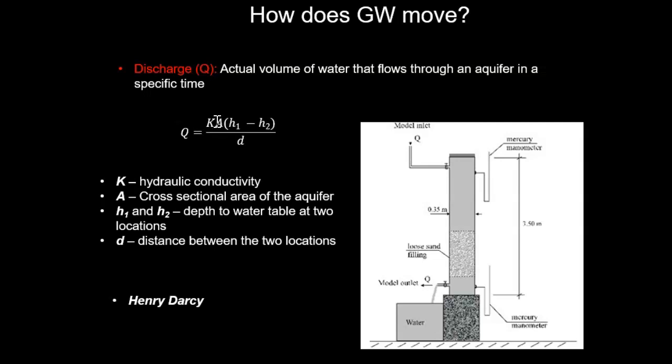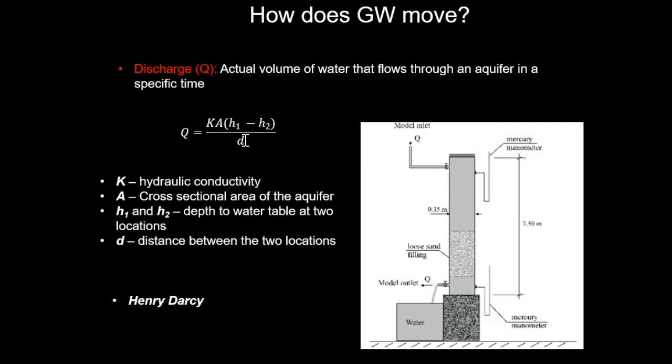A is the cross-sectional area of the aquifer, or in this case for his experiment, of the tube. H1, as I said before, is the elevation at whichever point you are measuring the aquifer from. H2 is the second point that you want to locate, and then all of that is divided by the distance between those 2 points.